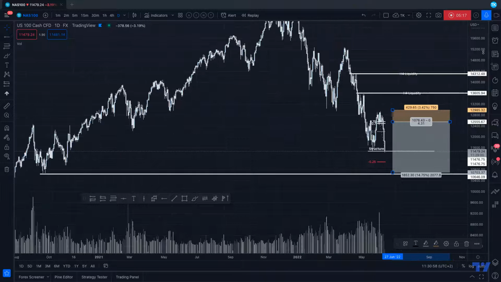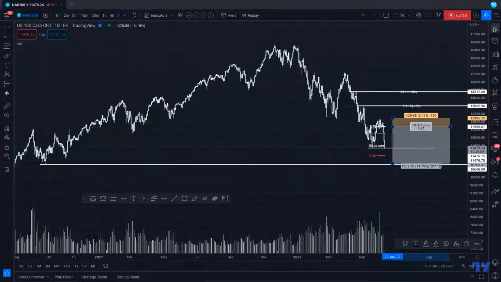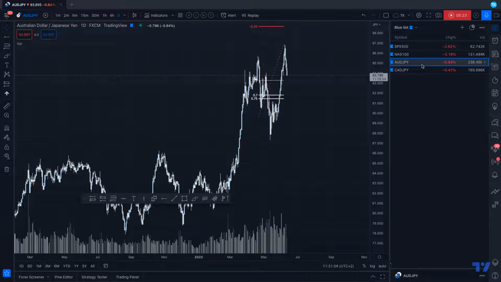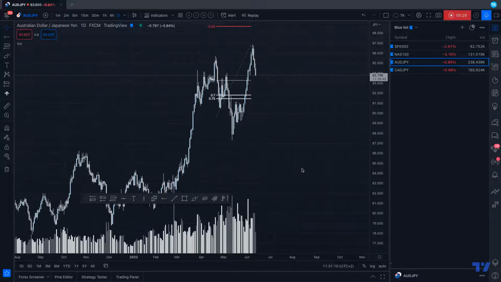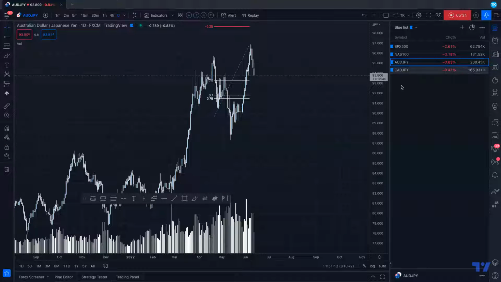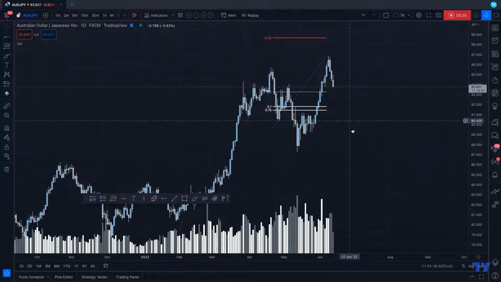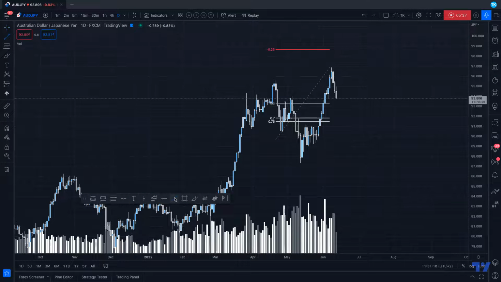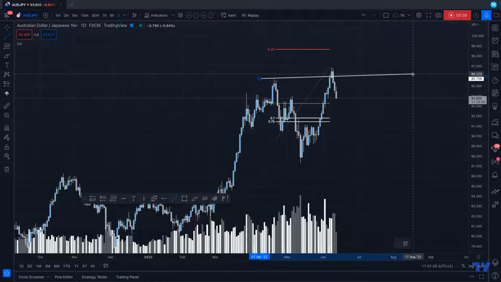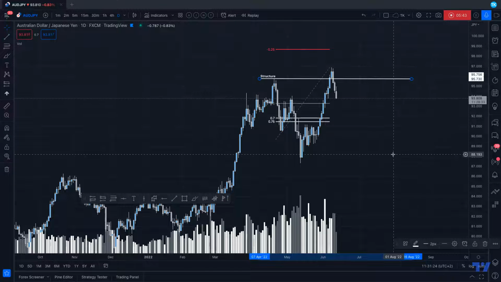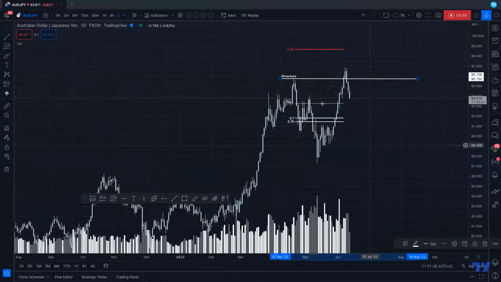So basically these are the scenarios on Nasdaq, and let's also have an overview of two forex pairs which are quite interesting during these hours and on these days. On AUDJPY we have a full breakout of the last structure that we have.